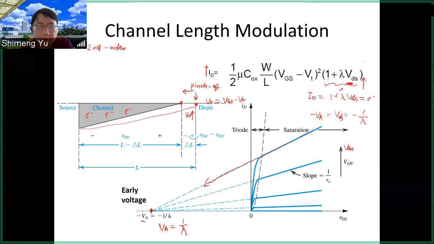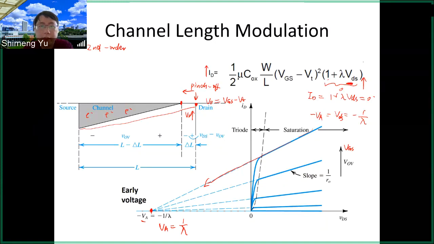So this is a second order effect, and I want to make a clarification here. In this course, if we don't specify in the homework or exam, then we don't consider this channel length modulation effect.